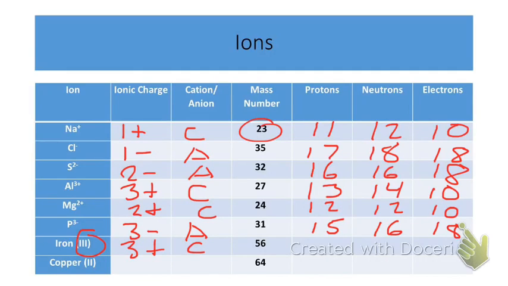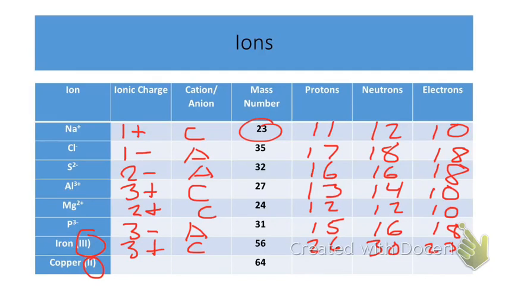Mass number is 56. The periodic table tells us that iron has 26 protons. 56 minus 26 is 30 neutrons. And since we have lost 3 total electrons, it will now only have 23 electrons in its electron shells.